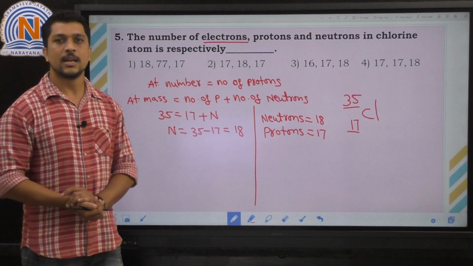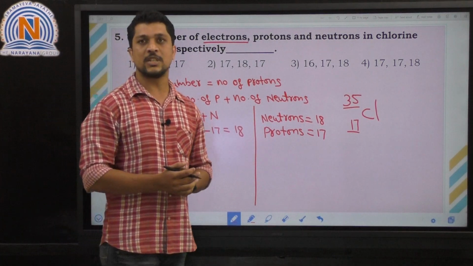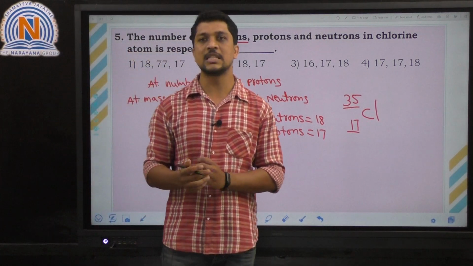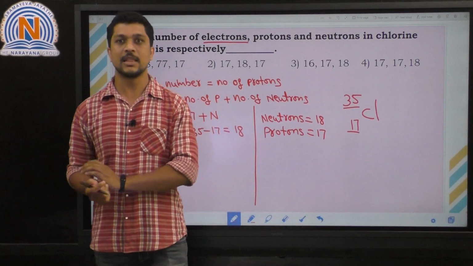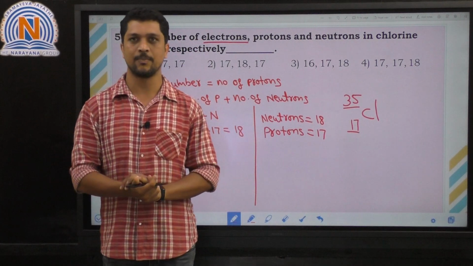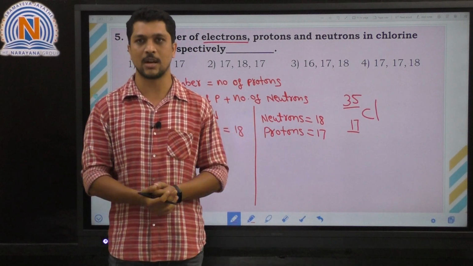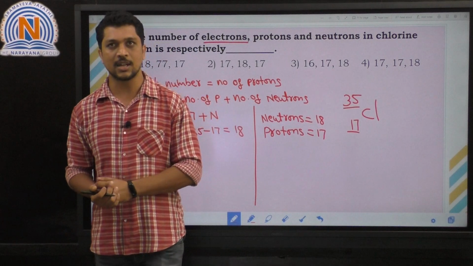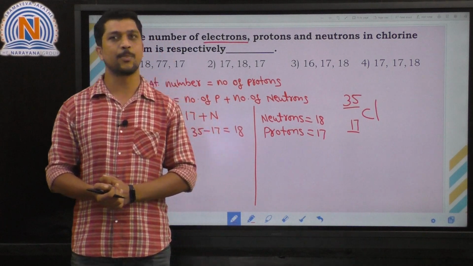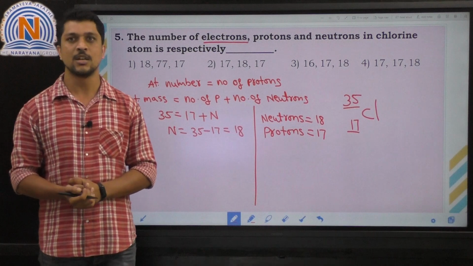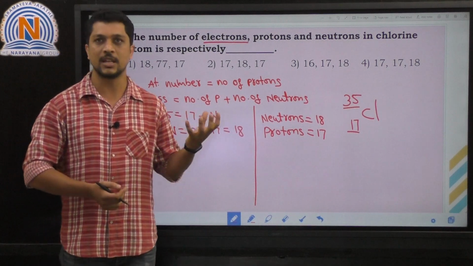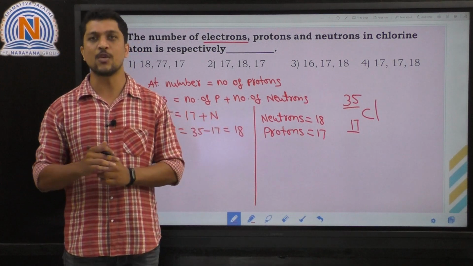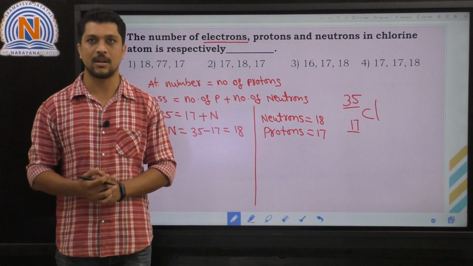We know that the number of protons present in an atom is equal to the number of electrons. Then only the charge will nullify. The charge will become neutral, because electrons are negatively charged particles and protons are positively charged particles.